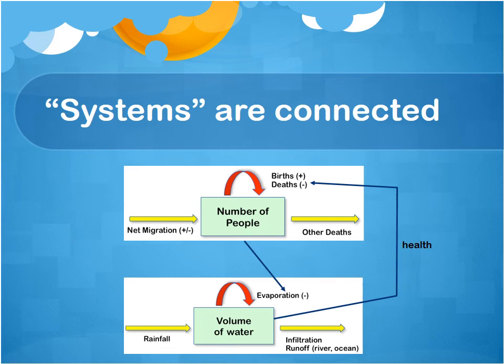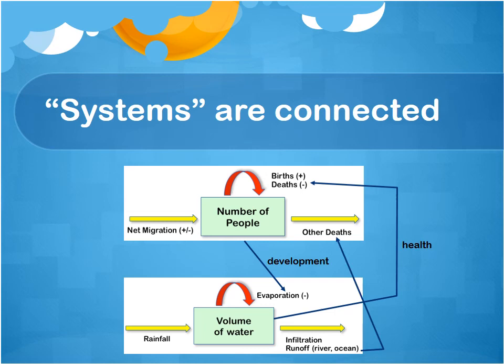The number of people affects evaporation through essentially development. The more people, the more roads, the more infrastructure you need. That decreases the natural evaporation of the system, and you alter the cycling of water. So you generate a balance there.